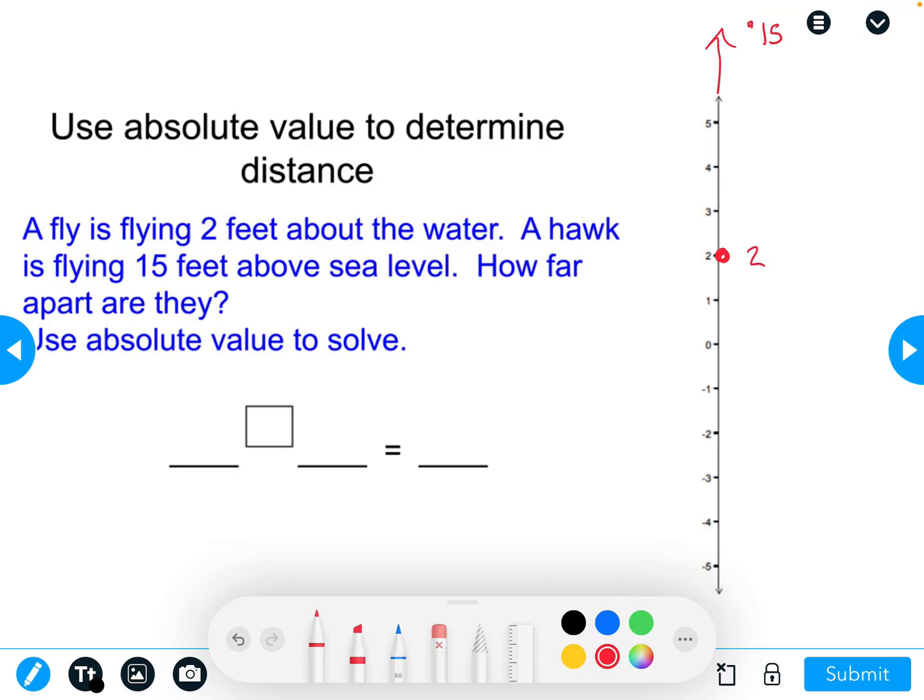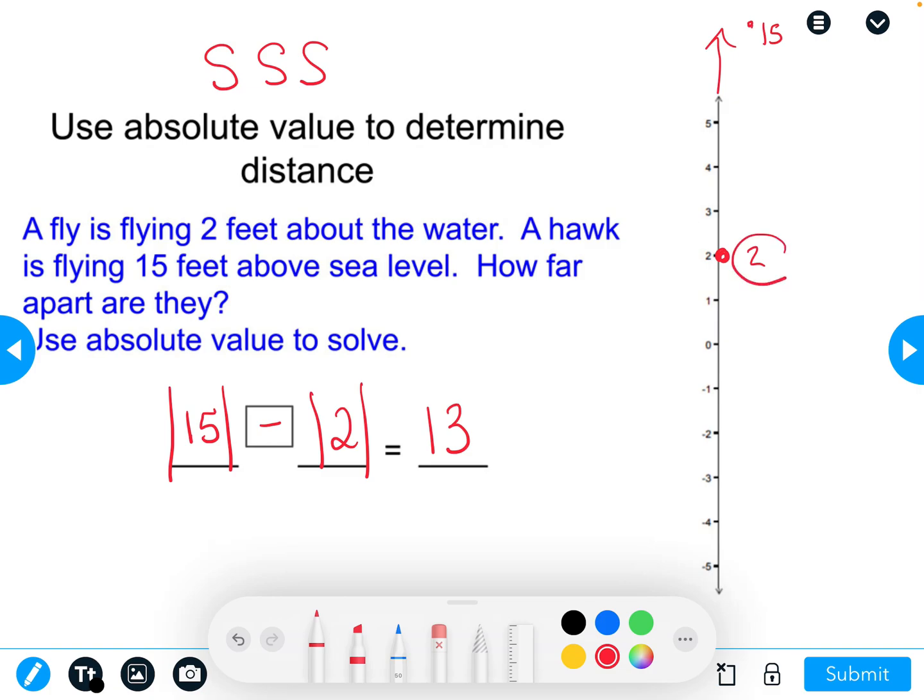So since both 15 and 2 are both positive numbers, they have the same sign. If you remember when we learned this, we can remember same sign, subtract to get the distances. So the absolute value of 15 minus the absolute value of 2 would give us a distance of 13. They have the same signs, both are positive, or they're on the same side of 0. So we subtract them to find how far apart they are.